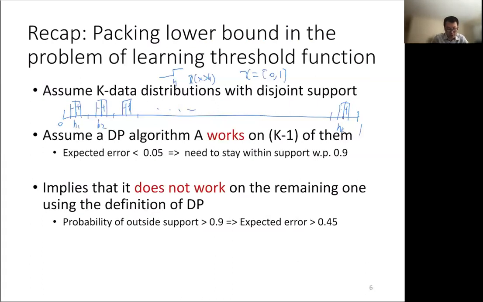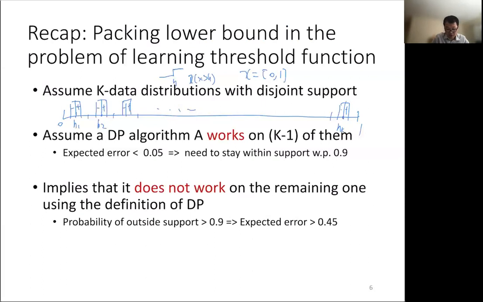And the argument goes as follows. Suppose we assume that the epsilon differentially private algorithm A works on distribution 2, distribution 3, all the way to distribution k, and that with a sufficiently large number of data points, the expected error of this DP algorithm is smaller than 0.05, right? This is a reasonable and somewhat weak criterion for an algorithm to be successful, because as n goes to infinity, the expected error is supposed to converge to 0.